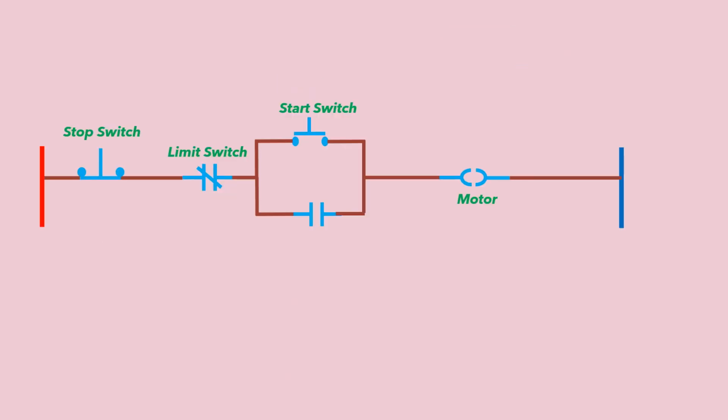So this is the ladder diagram. We have two rails attached here, L1 and L2. As we already mentioned in the previous video, this indicates the positive terminal, and the blue rail indicates the negative terminal. We have only one rung. The horizontal line is called a rung, and we have only one rung here, but there is a parallel connection.